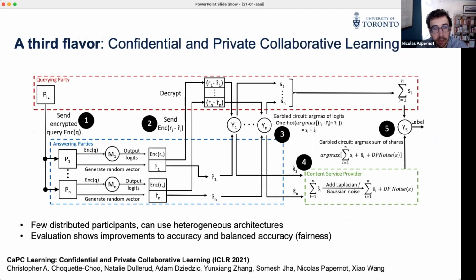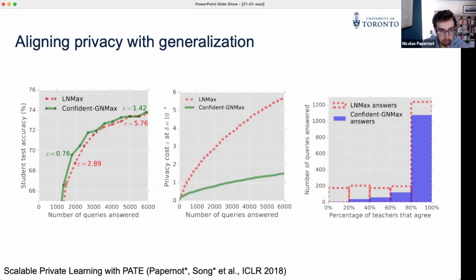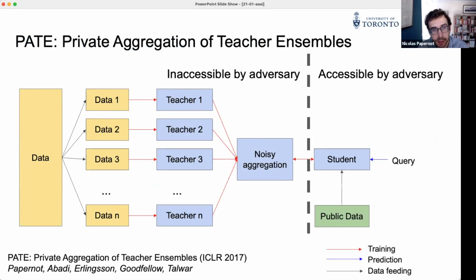The third flavor that I wanted to discuss today is a variant of PPAI that we've recently proposed and is going to appear at ICLR later this year. Here the idea is to take PPAI and realize that this mechanism is very well suited for distributed learning.